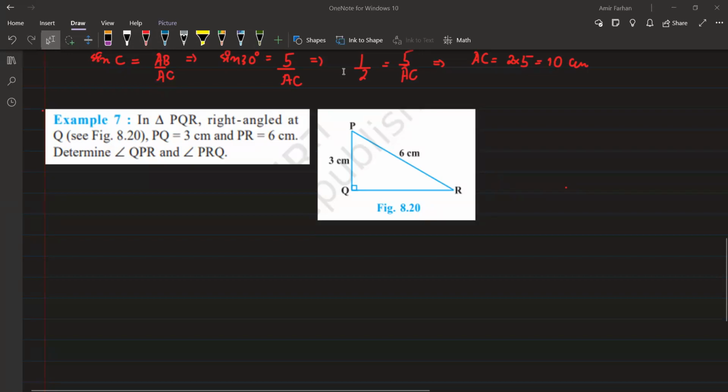Samina, give me the answer. There are two angles you have to find here, not one: QPR and PQR, both the angles. You can find the other if you find one angle, using the complementary property of angles, because it's already 90 degrees. These are called complementary angles that pair up to 90 degrees.